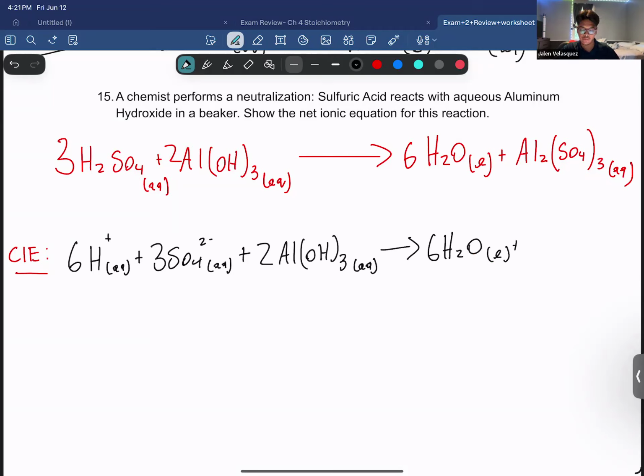And then we have aluminum sulfate, which we will ionize, so we're going to have 2 Al3 plus, and then we'll have 3 sulfates.